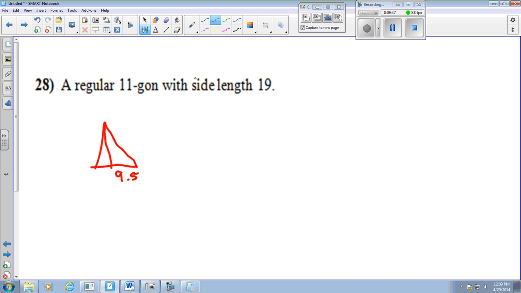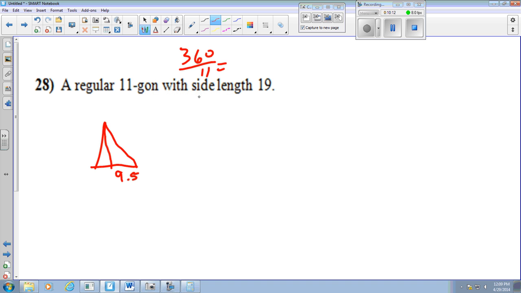We can find our central angle by going 360 divided by 11, which gives me 32.73 degrees. So my central angle is going to be 32.73.